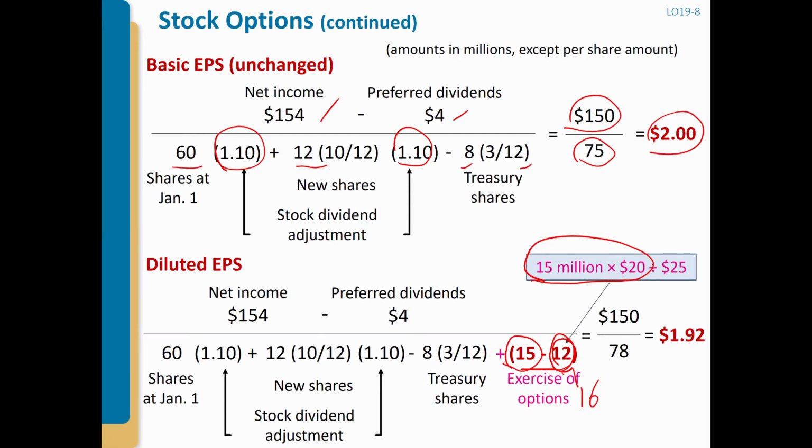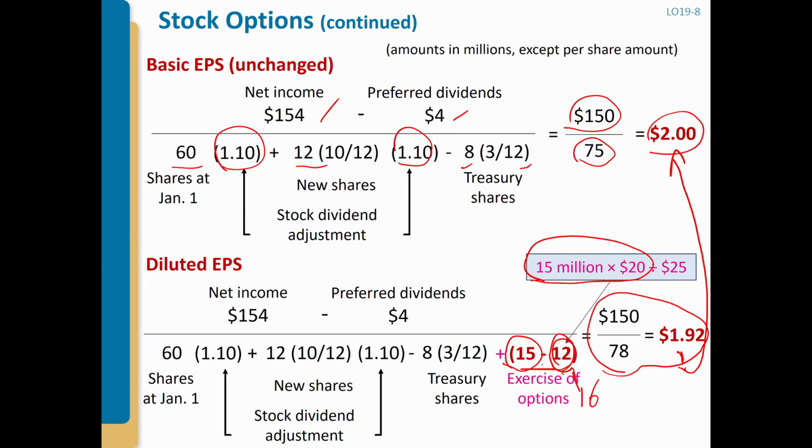Now 15 minus 16 is going to give you a negative number. So this calculation will be higher than $2, because the denominator is lower. That's called an anti-dilutive situation. We don't want to consider that.